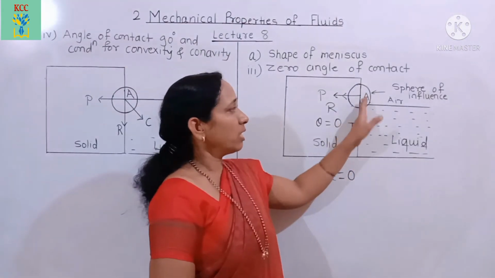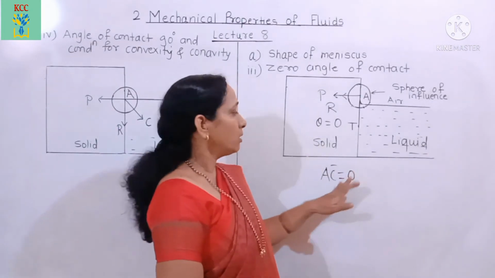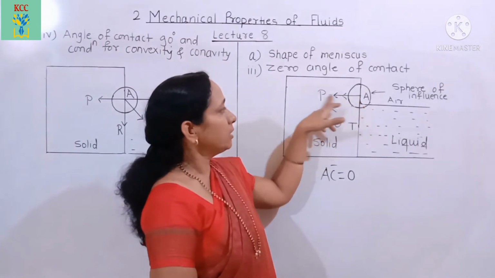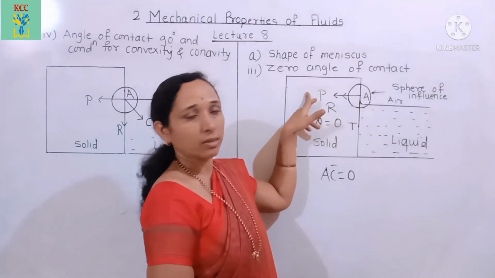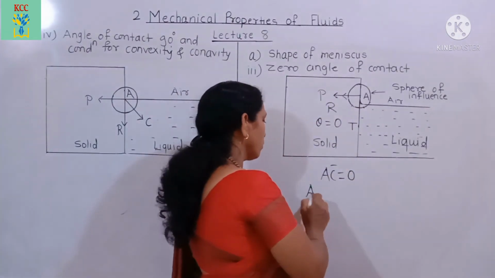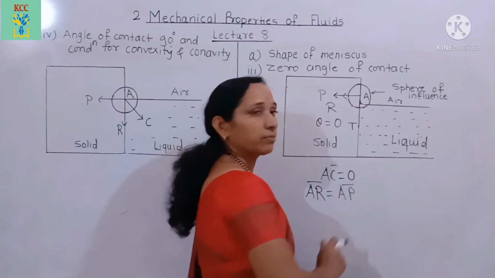कोहेसिव्ह फोर्स ऍक्ट होत नाही ह्या मॉलिक्युलवरती, म्हणजे AC बार काय तर 0 येतं. And therefore, the resultant force acting on the molecule is along AP bar, that is along this direction. AR bar is the resultant force and AR bar is equal to AP bar.